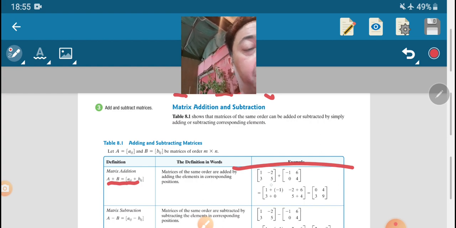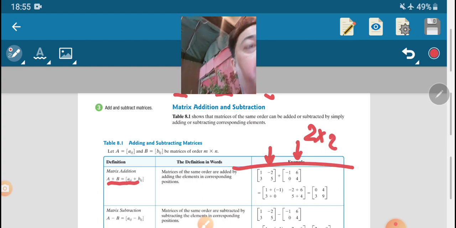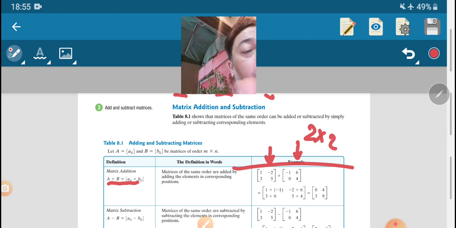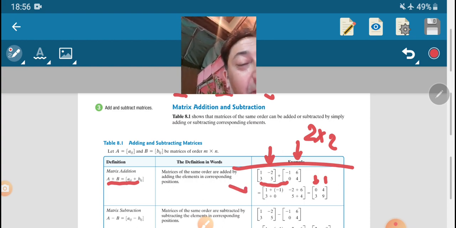This matrix is 2 by 2 and this matrix is 2 by 2, so we can add them. If they have different orders, it's impossible to add. Let's start. First and first: 1 and negative 1, which is 0. Negative 2 and 6, which is 4. 3 and 0, which is 3. 5 and 4, which is 9. We have finished our work.